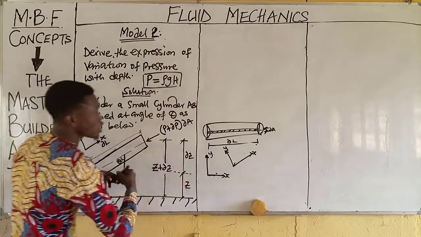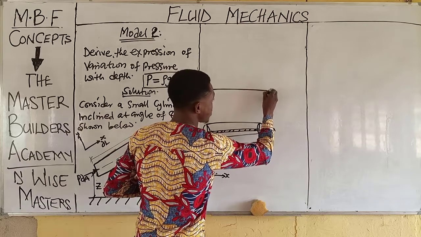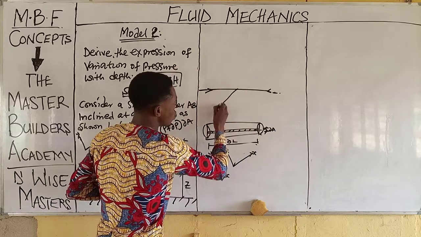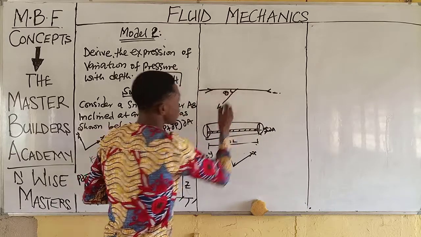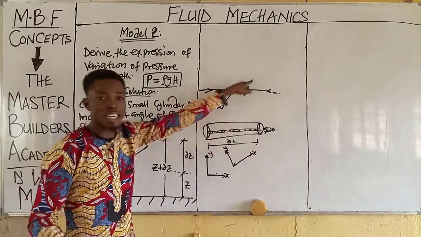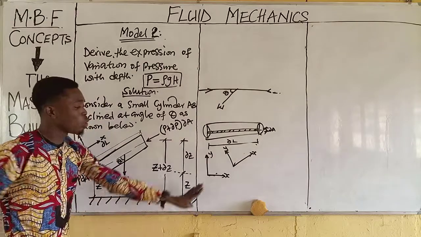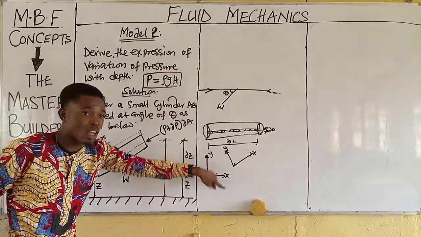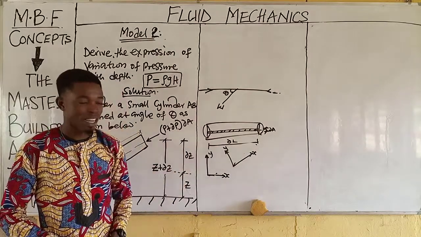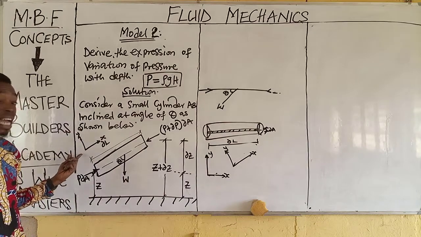If I rotate it, I will have something like this: a force acting at this end, another force acting at this end, and then the load, the weight. If I resolve this, this is X, then this is inclined. The same thing I'm doing here. So you can decide to rotate this so that you convert it to the global coordinate, or you leave it like that so that you can use the local coordinate system. Now I want to make use of the local coordinate system, and that's the reason why I have indicated this. Are you there?